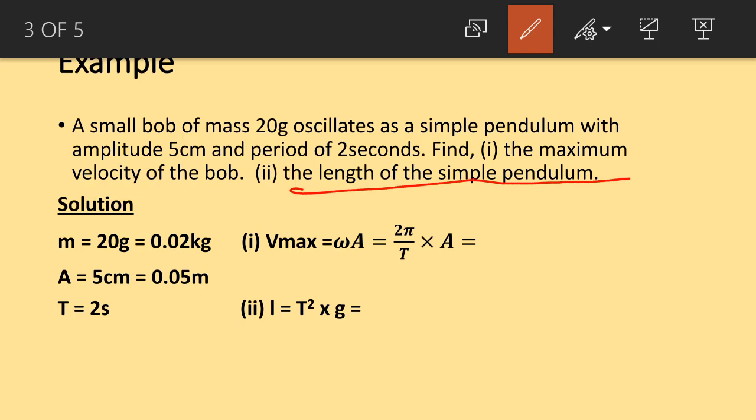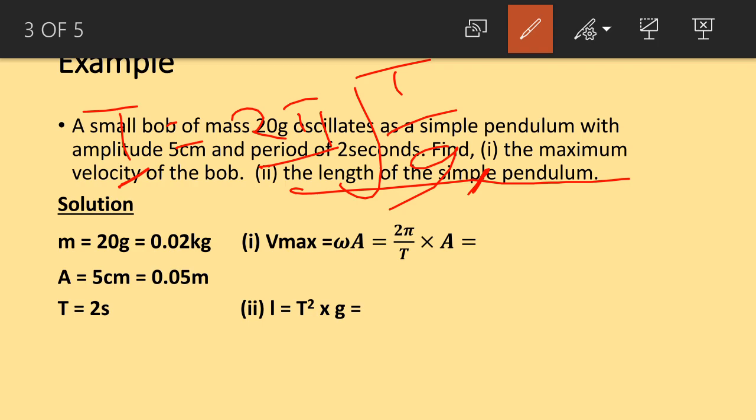If we go back to our equation of the period of a simple pendulum, remember that period T is equal to 2 pi root L over G. We know our period, and we know acceleration due to gravity is constant, approximately 10 meters per second squared. If we want to make L the subject of the formula, the first thing we do is square both sides.